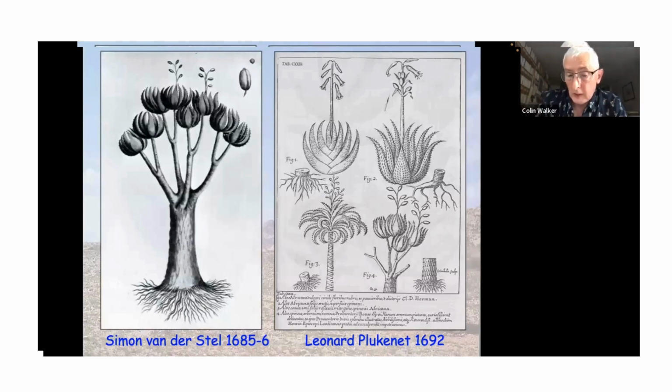And on the right, here we have Leonard Plukenet in London in 1692, published a book called Phytographia, which included copies of Claudius's 4 aloes, and bottom right is a tree aloe. And if you compare that with the image on the left, which is Claudius's original, you can see where Plukenet got the information from. So that is a plagiarized copy. Of course, it was not acknowledged at all.